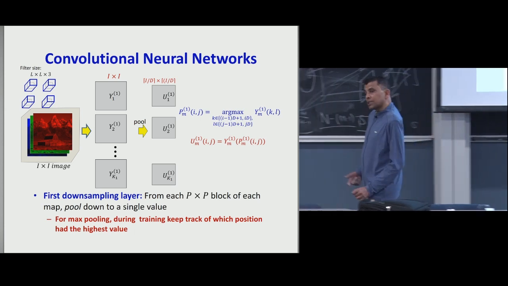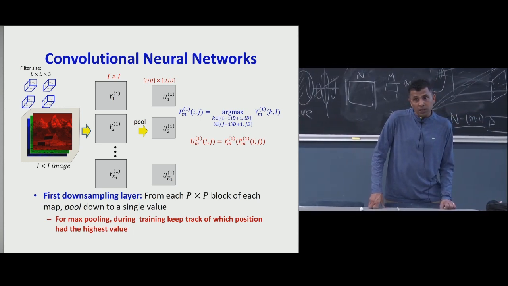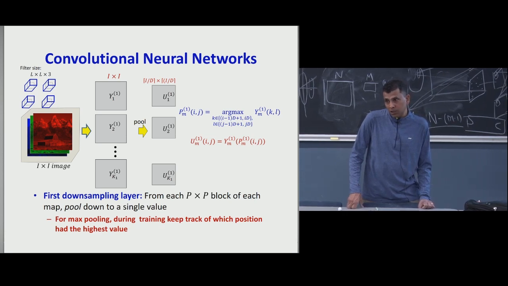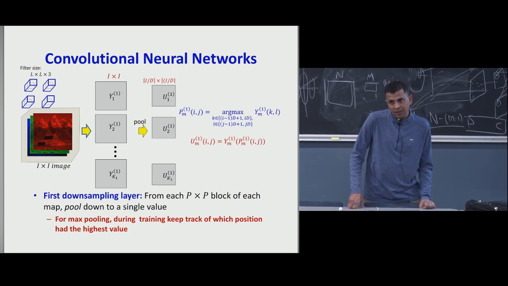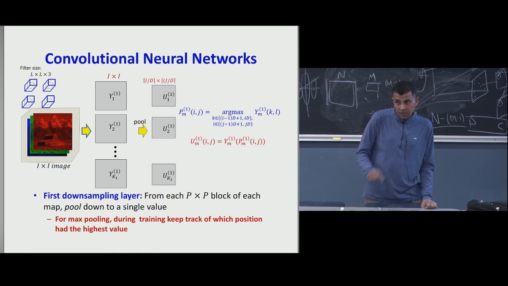Now if you've gone through the slides of the previous lectures, you know that computing the derivative for a max operation really requires computing a subgradient, which means that you have to retain the identity of the specific value that contributed to the max.